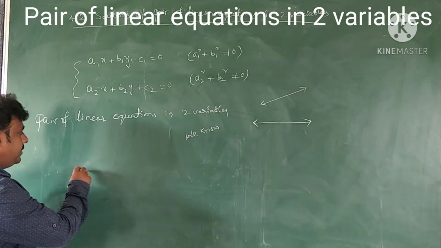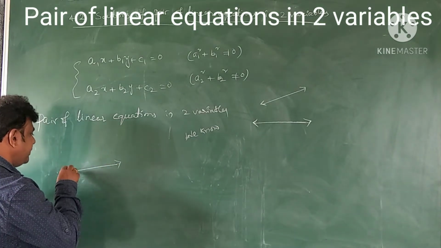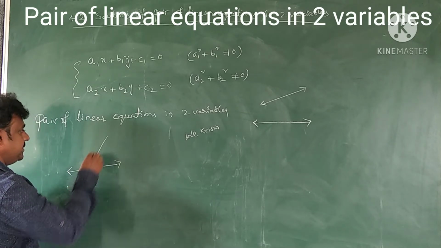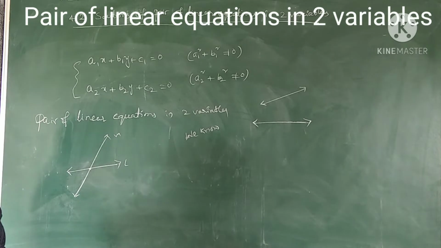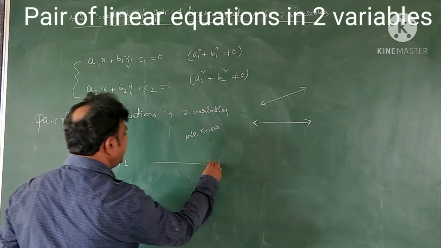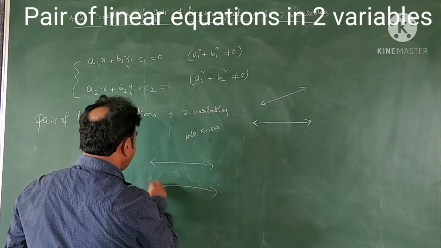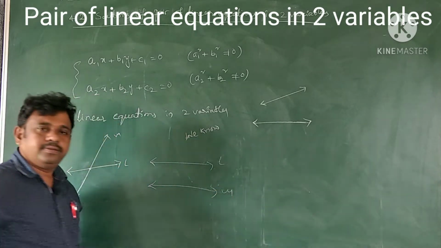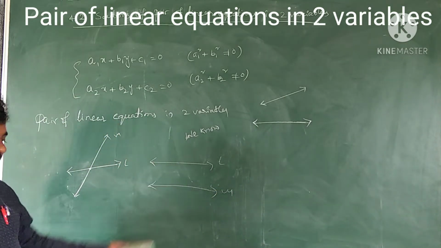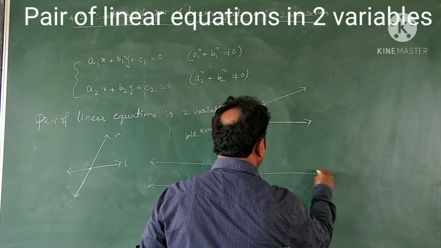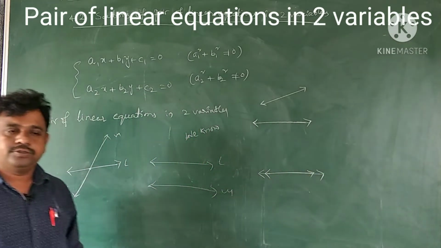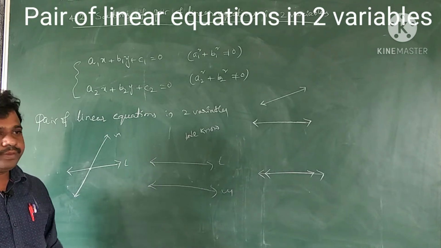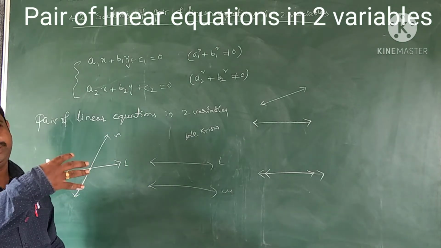First, they may intersect at a point, or they do not intersect anywhere, or both pass through the same points, which means they are coincident to each other.